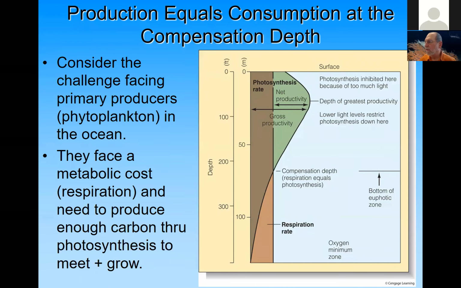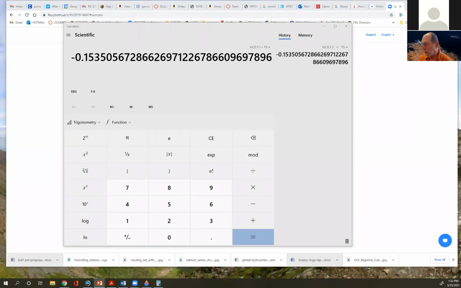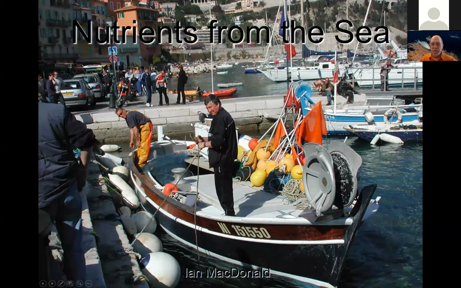All right, let me switch over to the second topic that we're taking up this week, which is nutrients from the sea. So you remember that we're talking about the ways in which this primary production and the production of fish populations, the supporting of fish populations due to the marine ecosystem processes, is exploited by human beings.